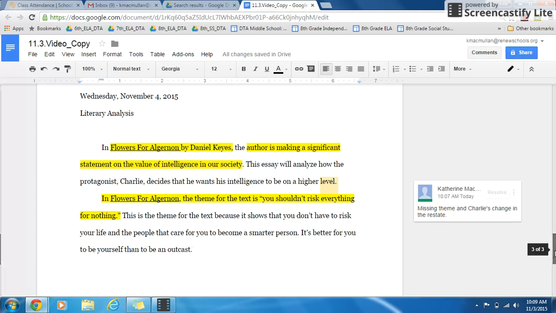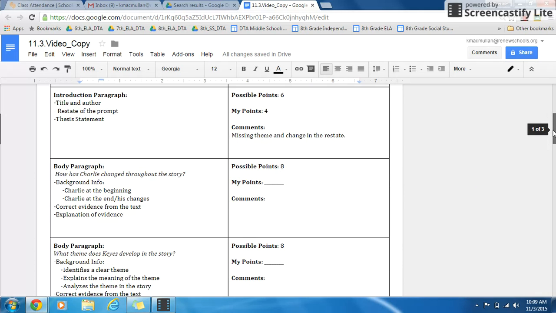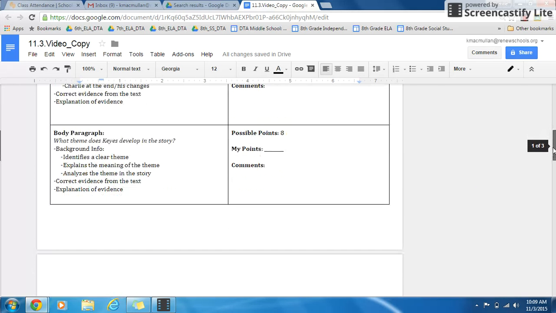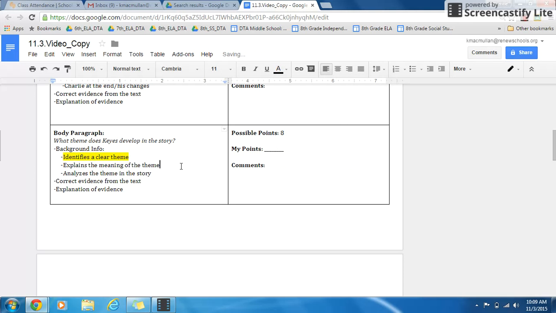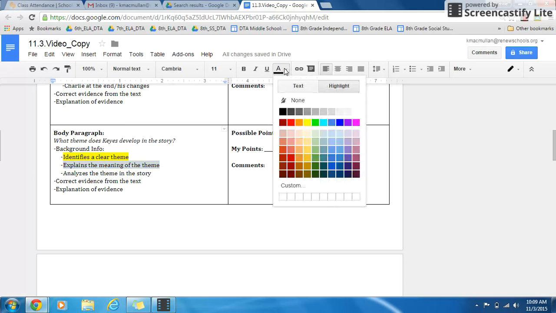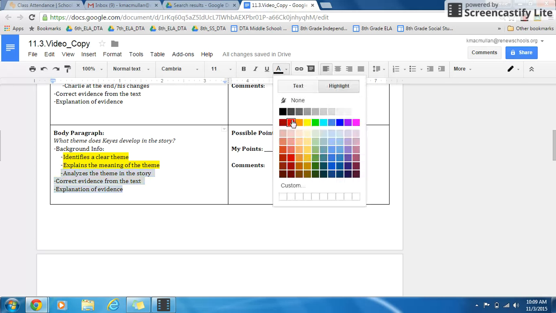So while this definitely has an excellent introduction sentence, it's missing a lot of the key points. It identifies a clear theme. It explains the meaning of the theme, but it doesn't explain the meaning of the theme in relation to Charlie or the text, and it doesn't really analyze the theme in the story. It's also missing evidence from the text and an explanation.